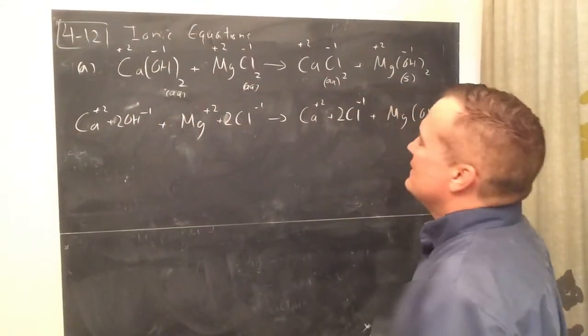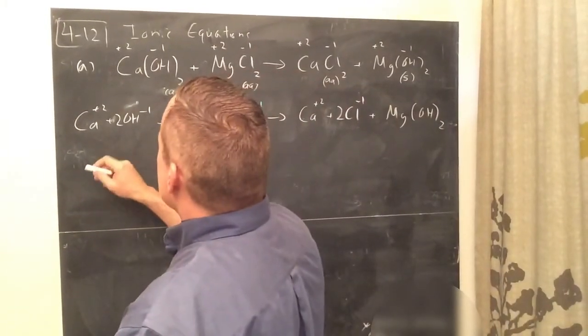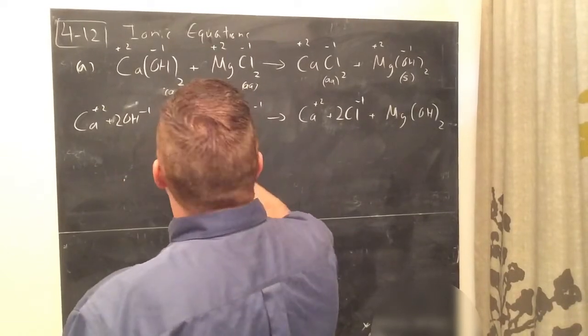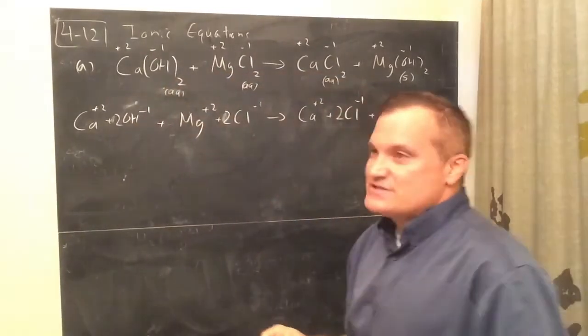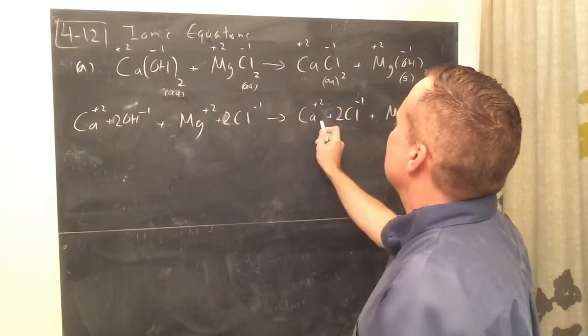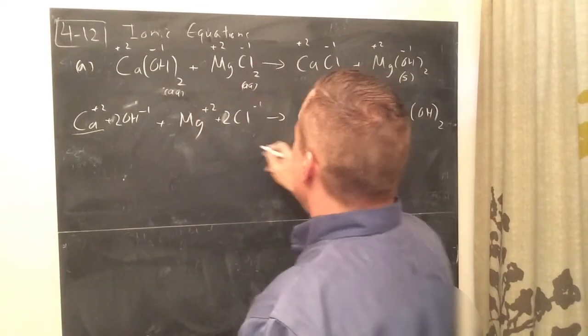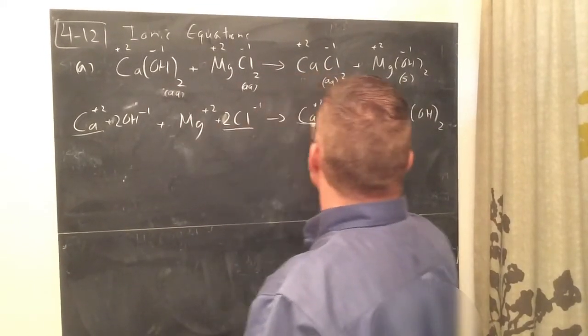Okay, so now to get the net ionic equation, anything that's on the left and on the right unchanged gets crossed out. So the calcium ion, instead of crossing it out, I'm going to underline it. That goes away. The chlorides and the chlorides go away.